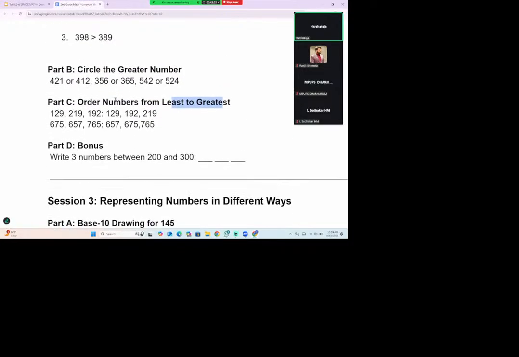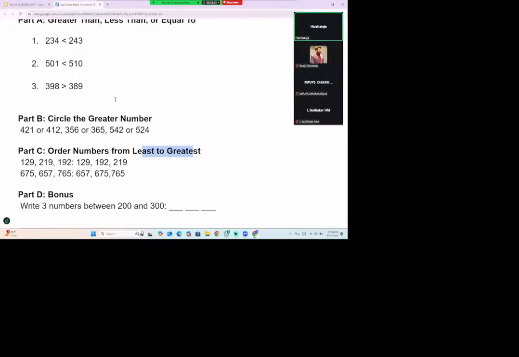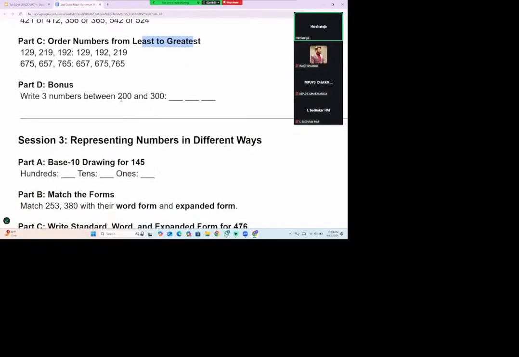So now, to pretty much end off the homework, write 3 numbers between 200 and 300. So we just need numbers that are between 200 and 300. So if we look at the hundreds place, 2, so 2 is fine. Now look at the tens place, any number greater than 0, you can say 9, and any number greater than 0 again, 9.